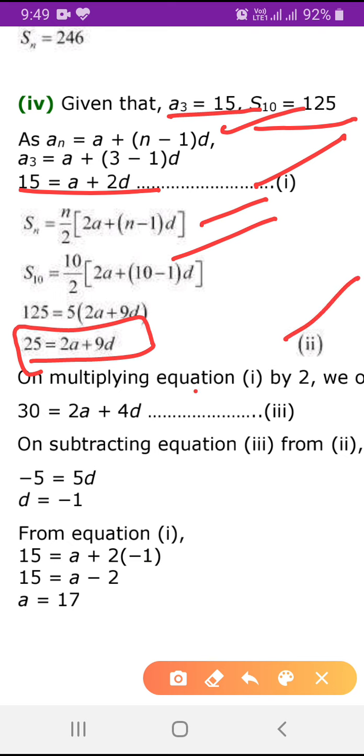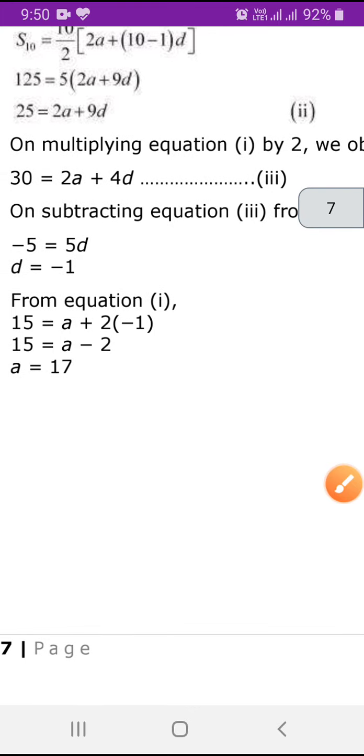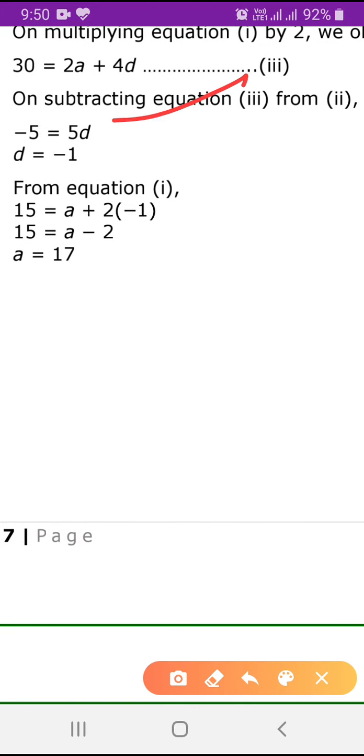Now multiplying equation 1 by 2. First of all we make the coefficients of a equal. For this, multiply equation 1 by 2, we get 30 equal to 2a plus 4d, equation 1 converted into equation 3. Now subtracting equation 3 from 2, we get 5d equal to minus 5, so d equal to minus 1.